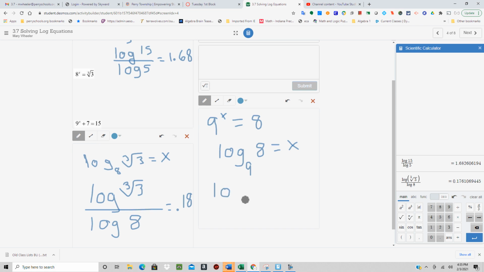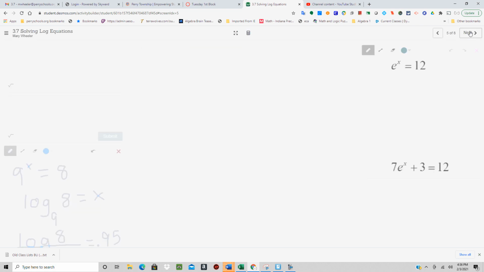So log 8 divided by log 9. 0.946, which I'm going to round to 0.95. Let's go to the next screen.